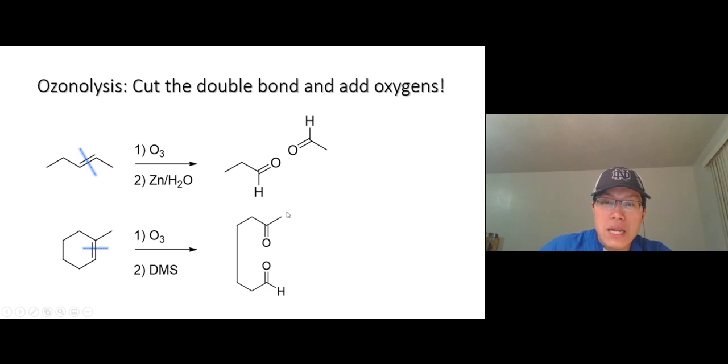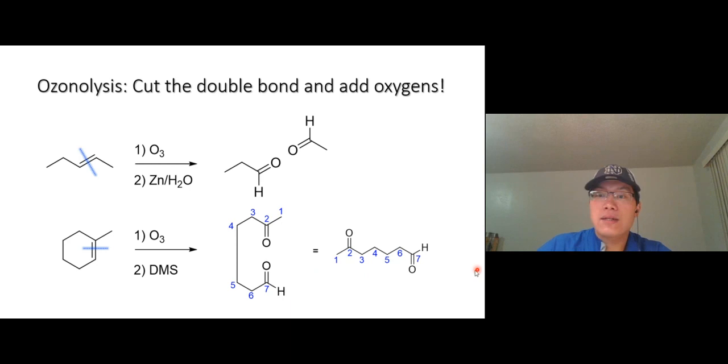Now I want to draw it a little better than this. This is kind of a bond-line structure, but it's ugly, so I'm going to spread it out. Before that, I'm going to number the carbons real quick: 1, 2, 3, 4, 5, 6, 7. There are 7 carbons here. So I'm going to draw the bond-line structure, 1, 2, 3, 4, 5, 6, 7, looking like that, linear, not weird like this.